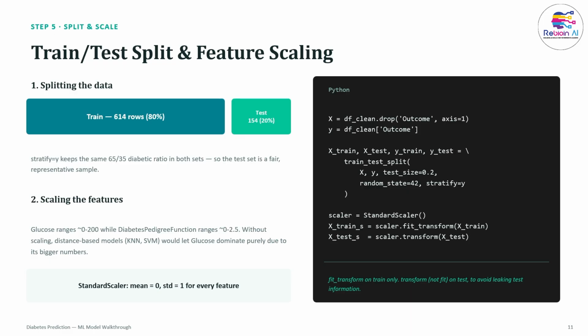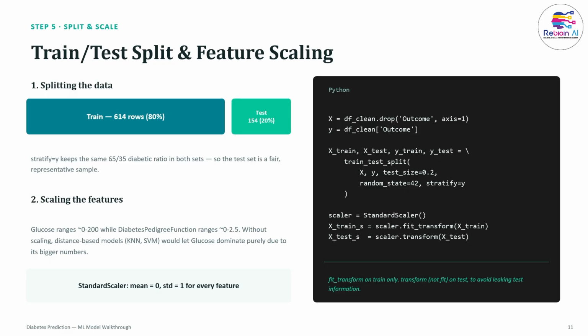We use something called stratified splitting, which keeps the same 65 to 35 diabetic ratio in both the training and test sets. So our test set is a fair, representative sample and not a fluke. Second, scaling the features.